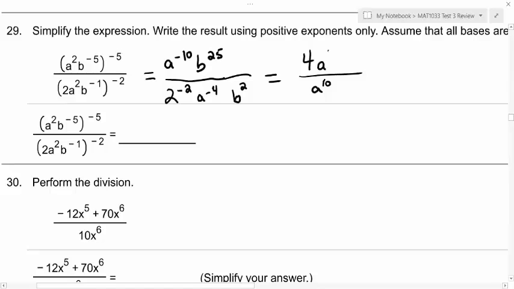Yep. And then for the b's, they would both stay the same. But you would subtract the 2 from the 25, so you get b to the 23rd on the top. Good. And then we just have to finish the a's. So then you would get a to the 6th on the bottom. Good.